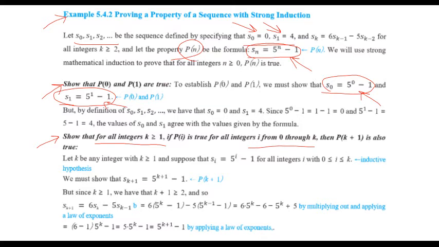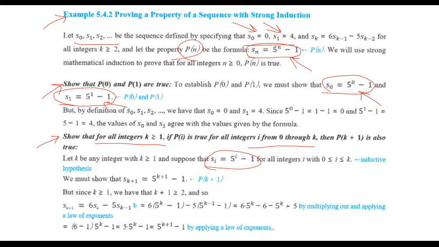So the inductive hypothesis here is that for all integers k, we suppose S sub i is equal to 5 to the power i minus 1 for all integers i between 0 and k inclusively, then P of k plus 1 must be true. So the inductive hypothesis becomes S sub i is equal to 5 to the power i minus 1 for all integers i from 0 to k.